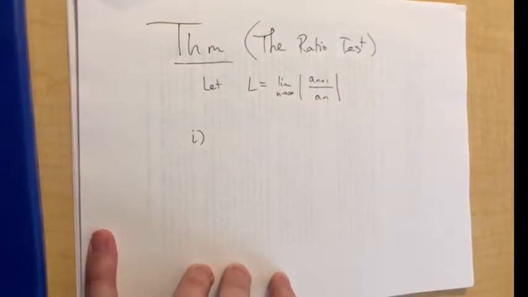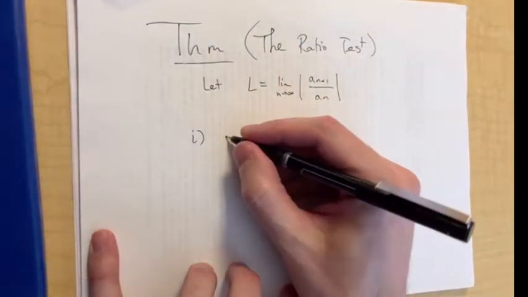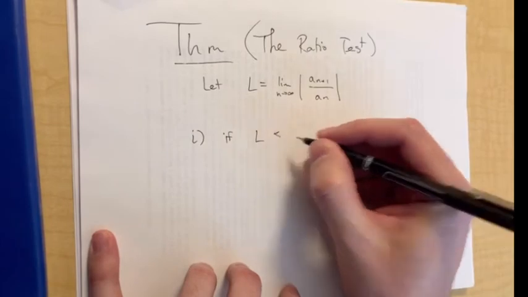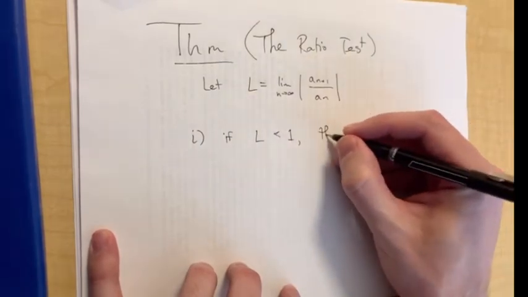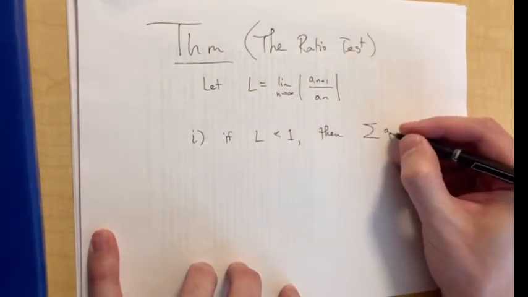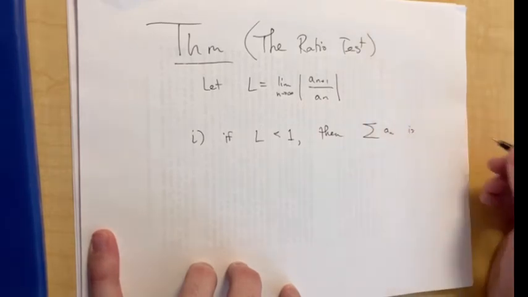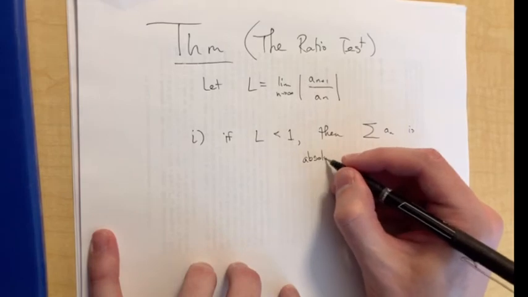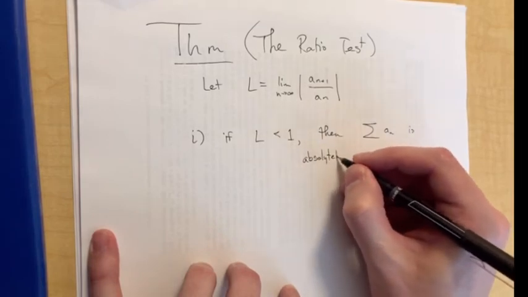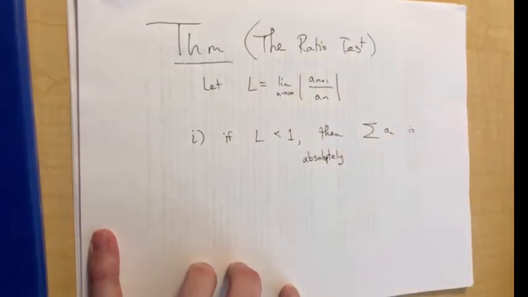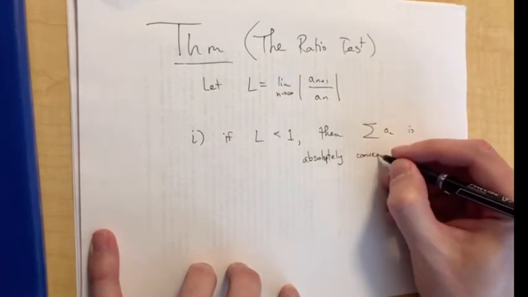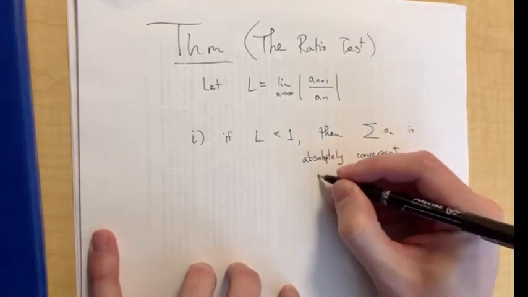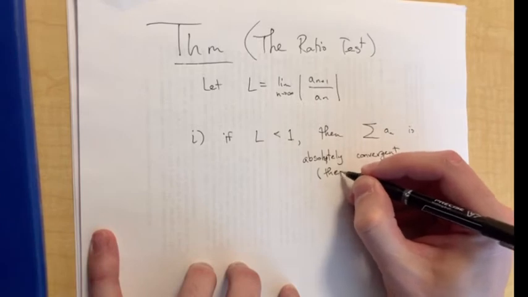it's sort of in 3 parts. So, part 1 says, if L is less than 1, then the series a_n is convergent. In fact, it's even better than that. It is absolutely convergent, and I will just say in parentheses, therefore convergent.